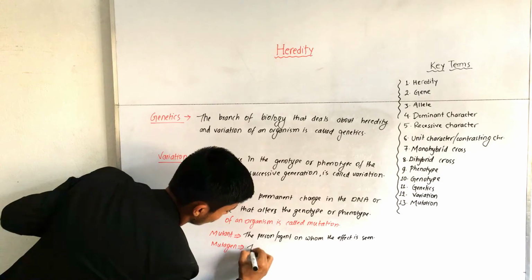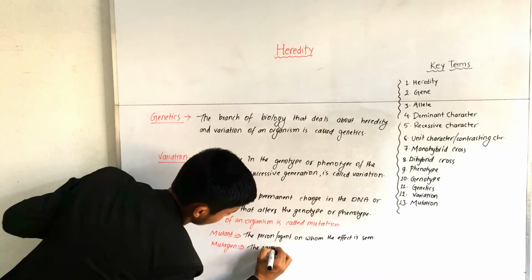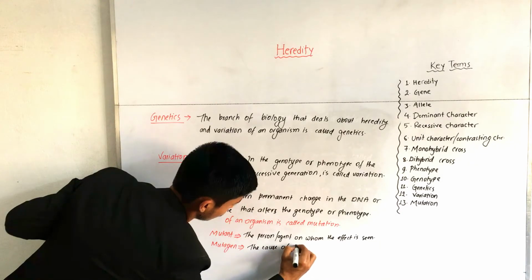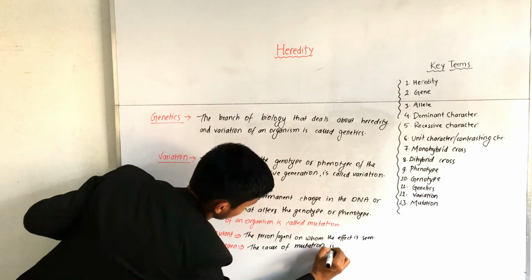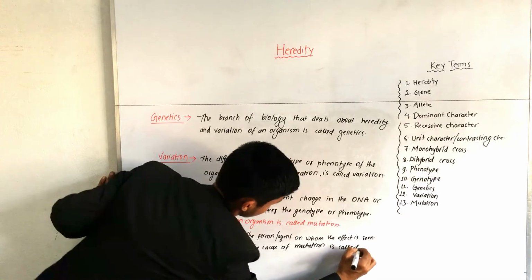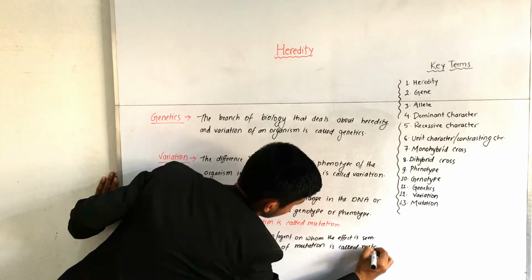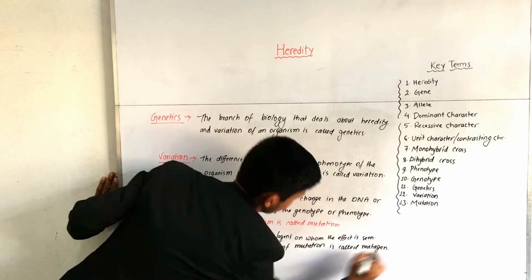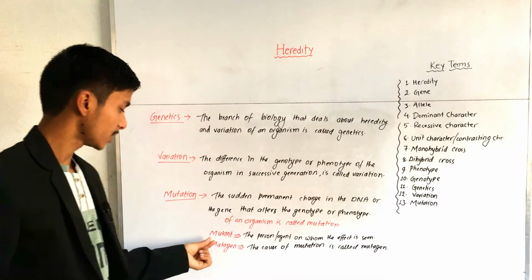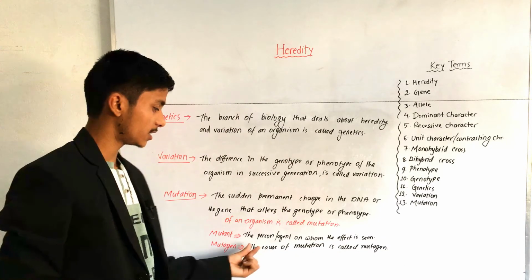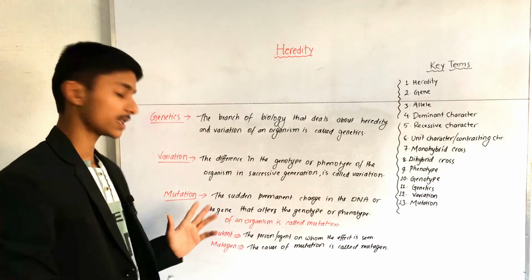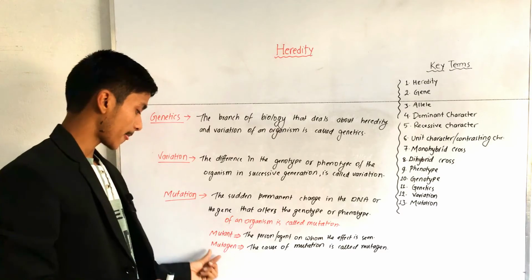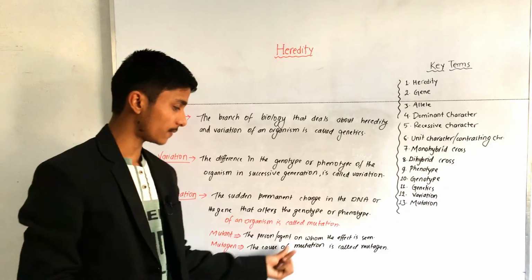Mutagen means the cause of mutation, it is called mutagen. So mutant is the person or the agent on which the effect of this mutation is seen, and mutagen is the cause of mutation.